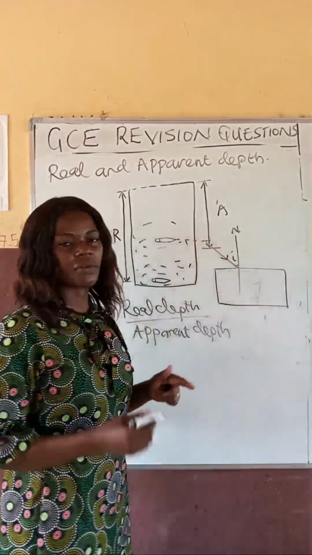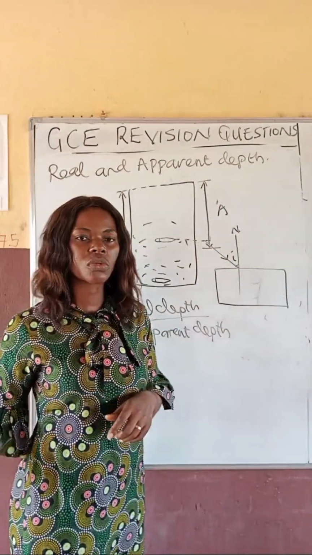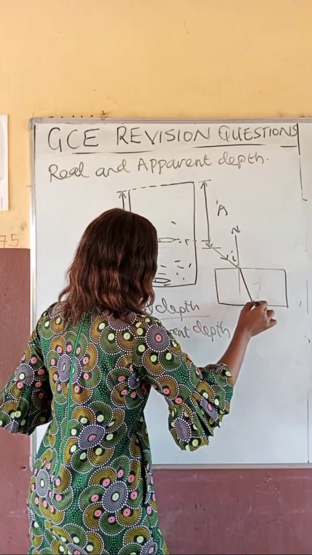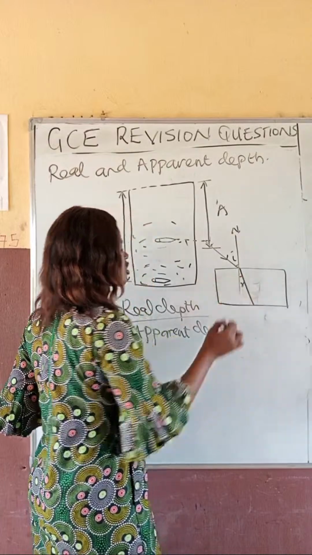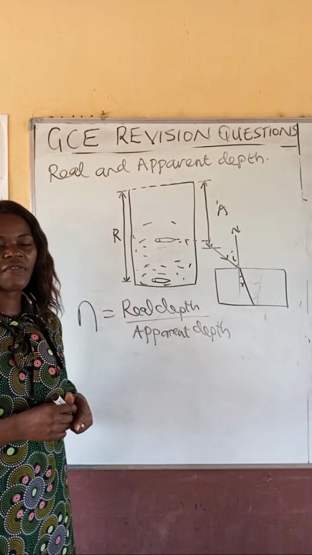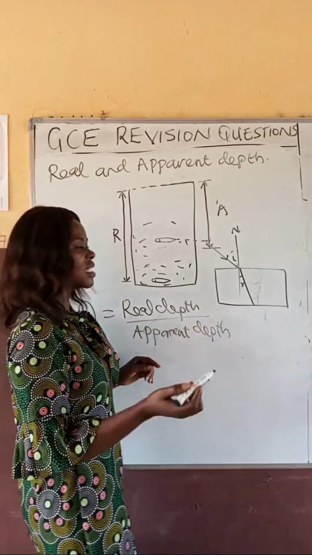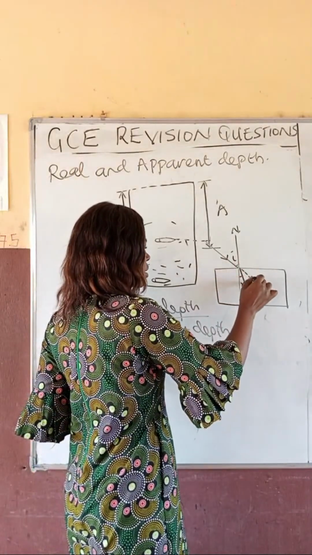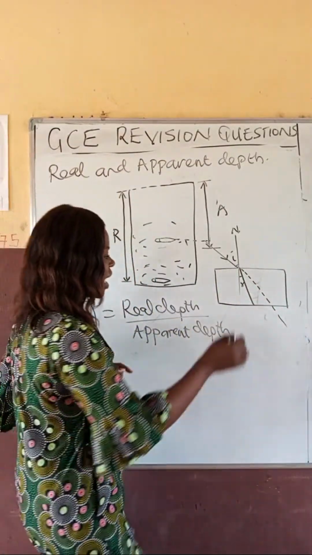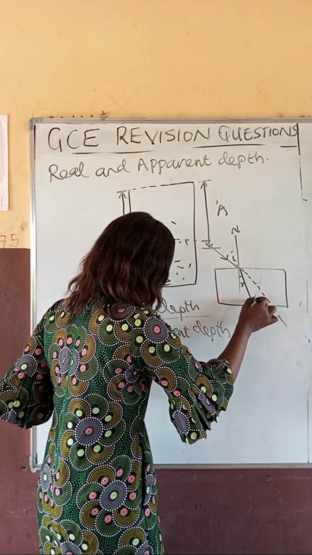This is normal. What I'm going to do is get my angle of refraction, which is r. If I decide to extend this incident ray, it goes this way. Then I have my emergent ray here.